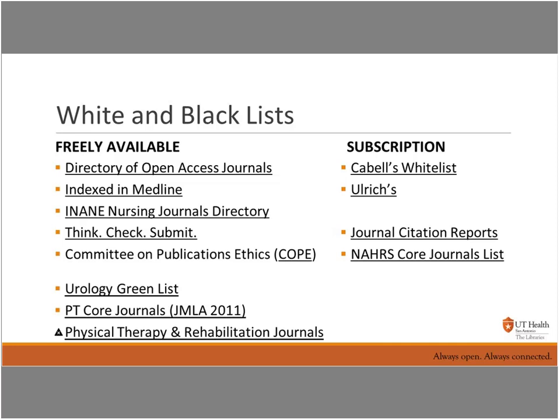So if you have a problem with a publisher, you could actually bring a complaint to COPE against that publisher, and COPE would help mediate it. So if you go to COPE and put in a publisher and they're a member of that committee, they're less likely to be predatory because they're committed to ethics in publication.